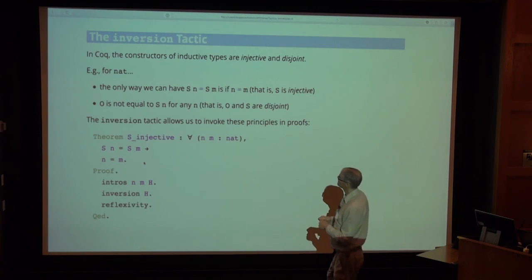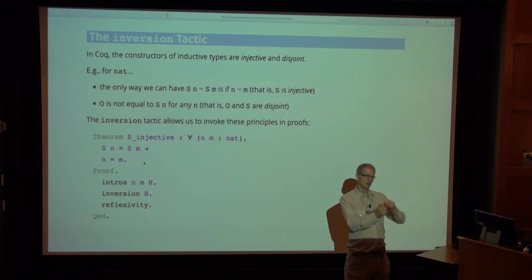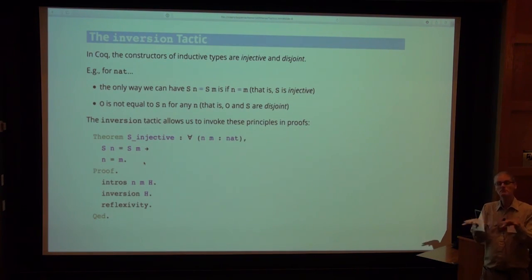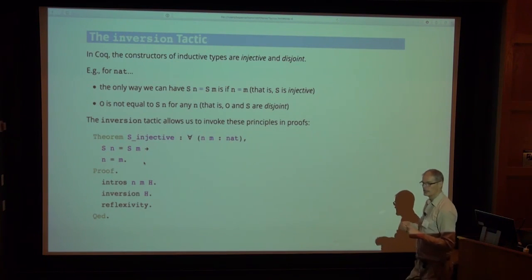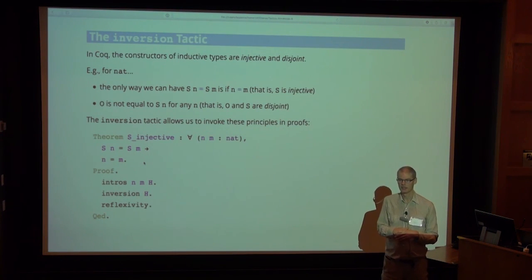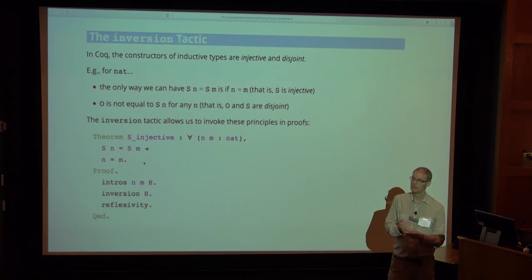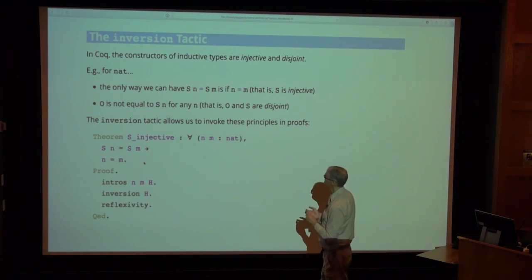For example, for nat, the constructors S and O are disjoint in the sense that the subset of natural numbers whose top constructor is O is disjoint from the set of natural numbers whose top constructor is S. And that's just obvious thinking of them as trees. But it's a crucial reasoning principle.